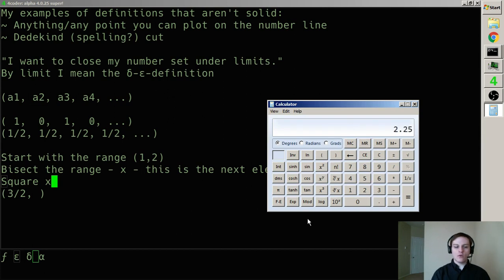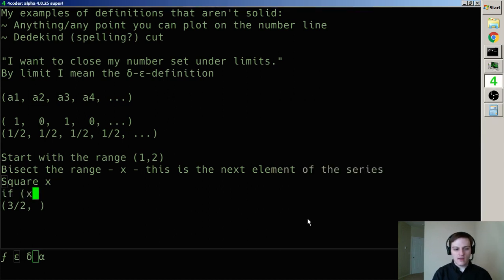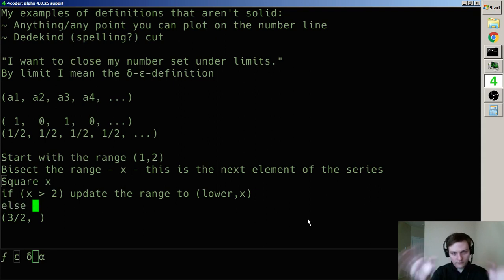Then, if x squared is greater than 2, update the range's upper bound to x. Else, if x squared is less than or equal to 2, update the range's lower bound to x. I'm writing this kind of like code because I'm a programmer.